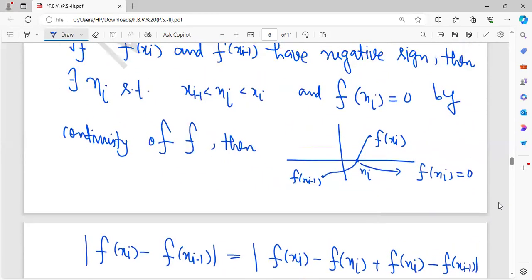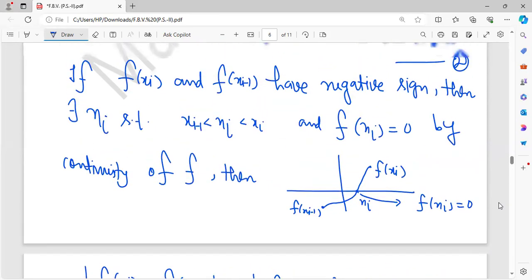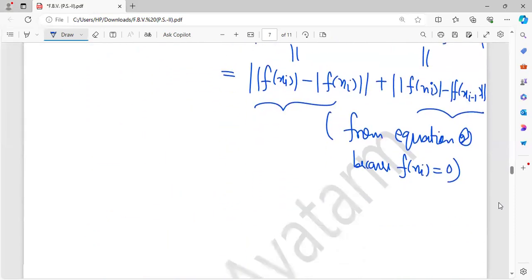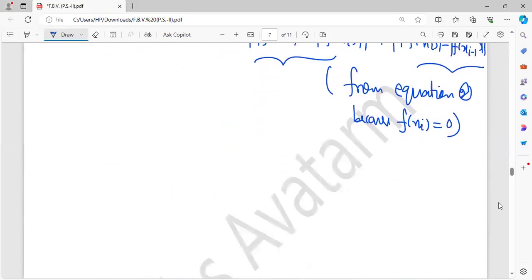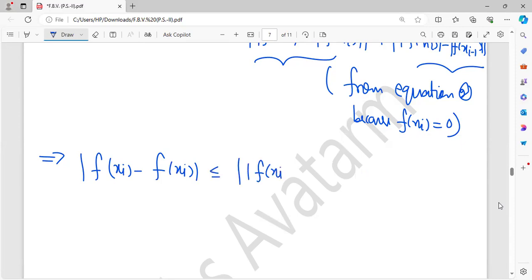So what we have actually? So this implies f xi minus f xi minus 1 is less than f xi minus f eta I. This is eta.